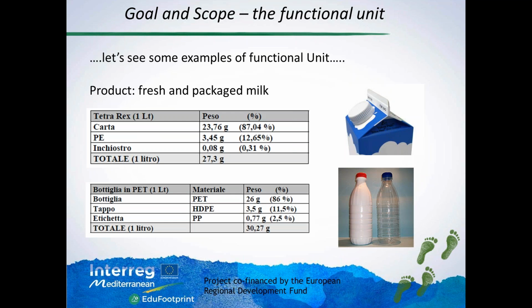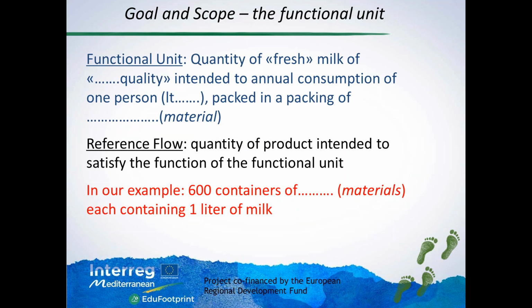Oh, sorry. So in this kind of example, what is the functional unit and what is the reference flow? The functional unit is the quantity of fresh milk of some kind of quality, for example, whole or without fat, intended for annual consumption of one person, liter just decide, packed in a packaging of, I don't know, paper or plastic or some other materials.